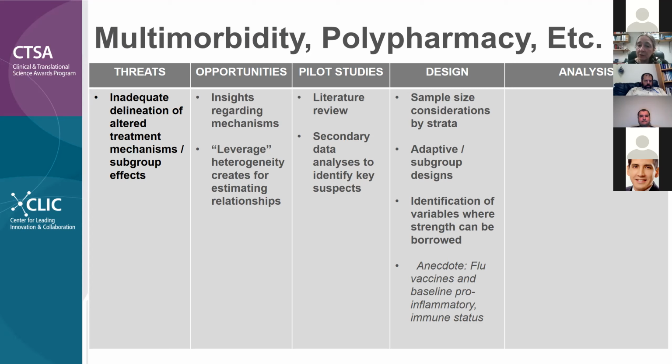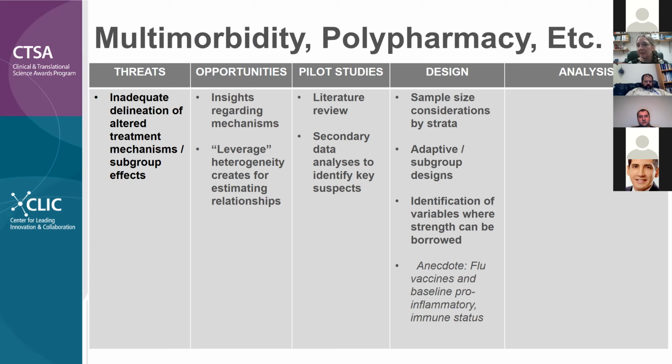Identification of variables where strengths can be borrowed. I try to think of an anecdote to explain what I mean. If we're interested in the effectiveness of flu vaccines in older adults, how effective are they at preventing the flu?